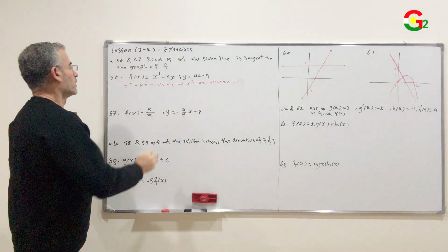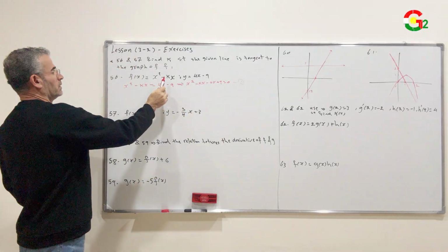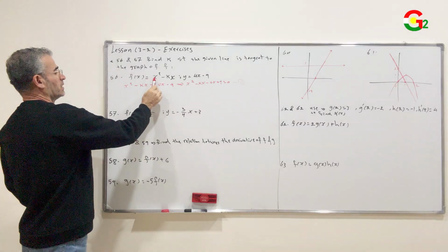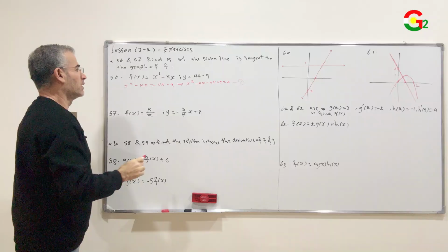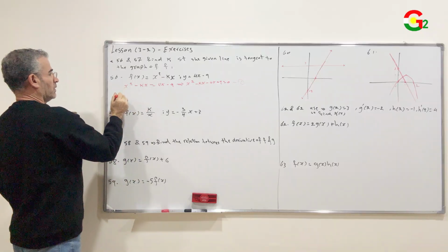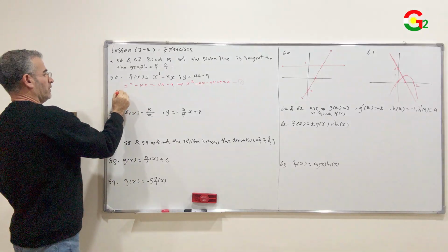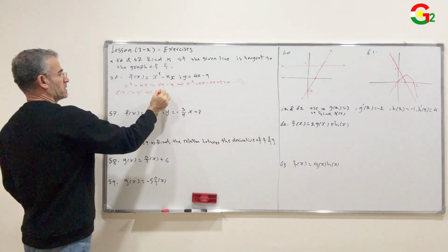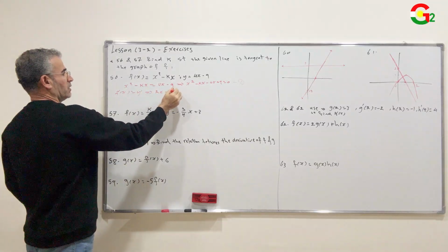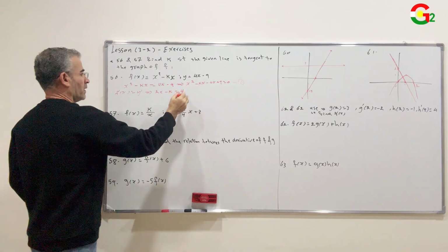Also, the derivative of the function at the point of tangency equals the slope of the line. Therefore, f prime of x equals y prime. Therefore, 2x minus k equals 4.